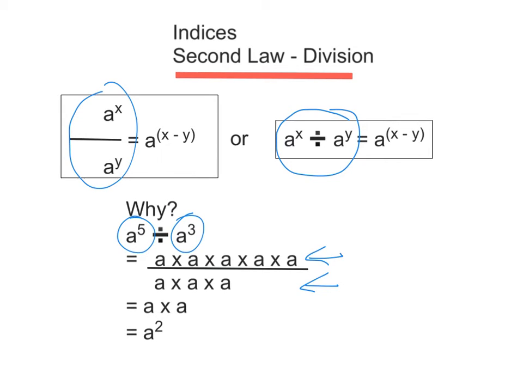So by cancelling, a goes into a once, a goes into a once, and a goes into a once. Now that simplifies down to just a times a over 1. You can see that there are only two a's left, so I can rewrite that as a to the power 2.